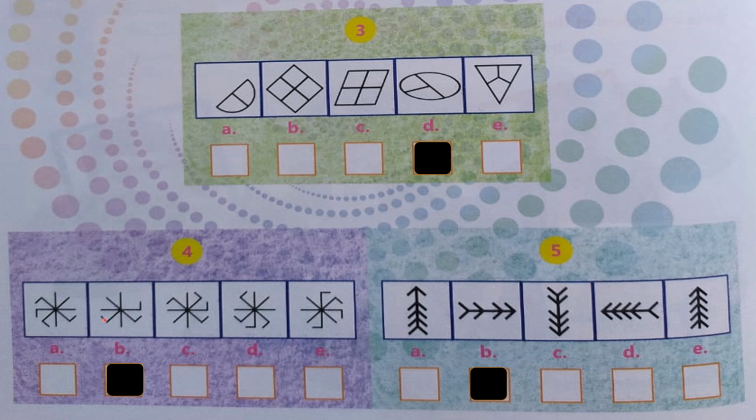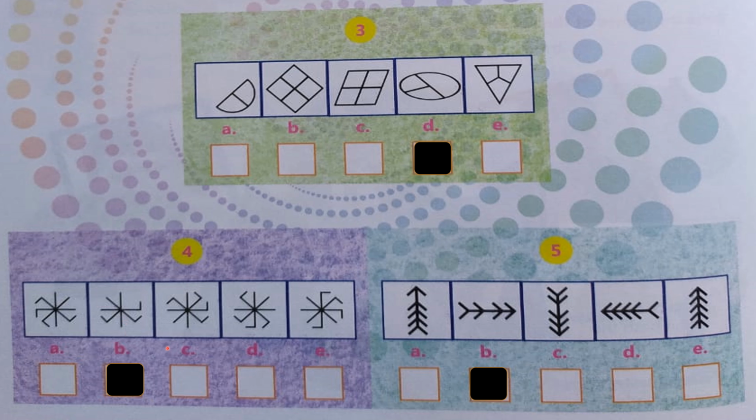You can see this one, this is not given in full. So this rule is not being applied here. If I notice here in C, D and E, there are 4 sticks that have been divided into 2 equal parts. But here in B, it's not so. So the odd one is B.